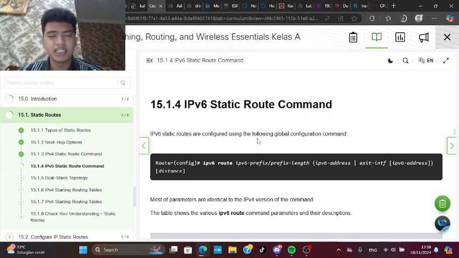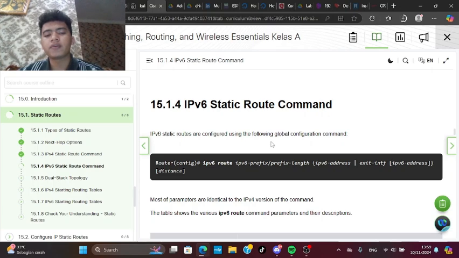IP version 6 static route command. The command that we learned above is for IP version 4, and this command is for IP version 6. In IP version 6, we add the IP version 6 prefix and prefix length, then the IP version 6 address, the exit interface, or both the exit interface and IP version 6 address.